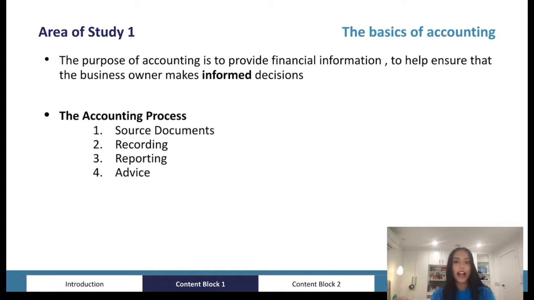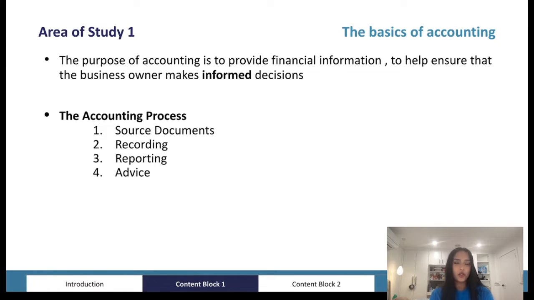So when we go back to the basics of accounting, the entire purpose of accounting, the whole reason that accounting exists, is that the role of the accountant is to provide financial information to the business owner, to whoever owns the business, so that the owner can make informed business decisions about their business. And in this course, VCE Accounting, Units 3 and 4, we primarily focus on smaller businesses.